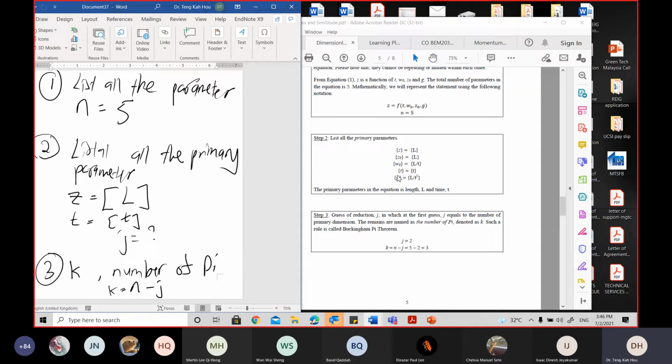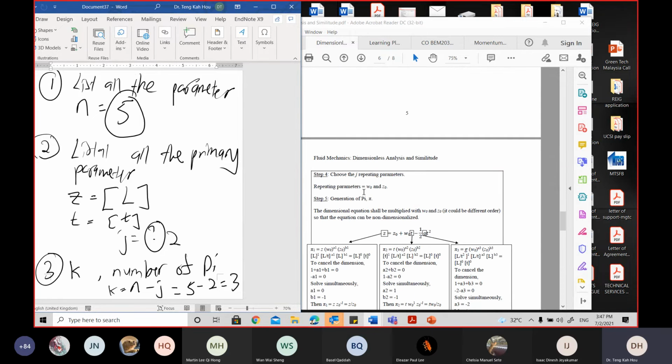In this case, you have 5 main parameters and 2 repeating primary ones, so k equals n minus j, which is 5 minus 2. So I expect I will have 3 pi terms. Can you follow me until here? You just follow the steps first, and next class I will show you how to do that.